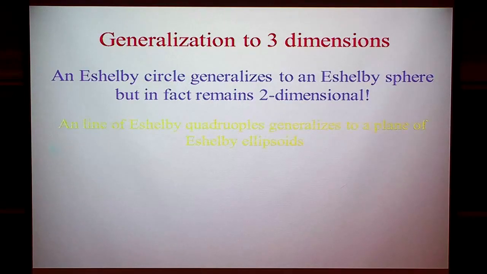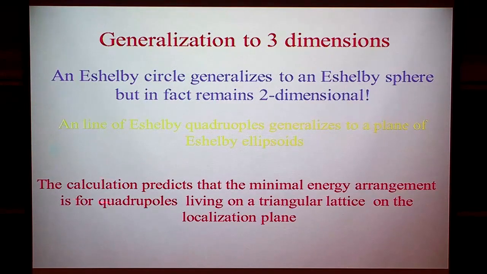They're quasi-2D. And then what you find when you do the analysis is that the line of Eshelby quadrupoles generalizes in this case to a plane of Eshelby ellipsoids. And the calculation predicts that the minimal energy arrangement is for quadrupoles living on a triangular lattice on a localization plane. So now it's not a localization line, it's a localization plane.